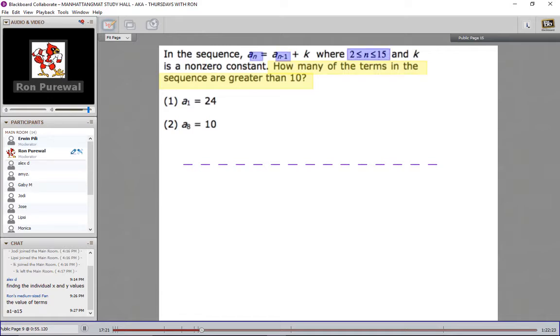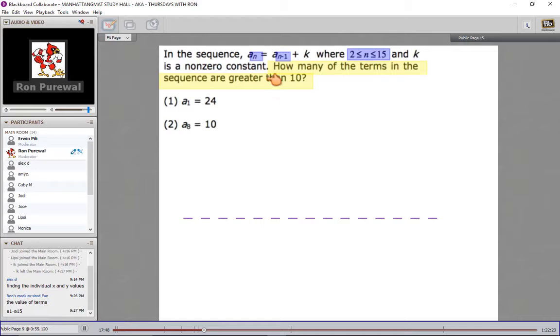Because look at what you have here. It says n is from 2 to 15, but that means you have to have all the terms that work for all of those n's, right? So the smallest n is 2, minus 1, right? If you write that statement out for the first few n's, let me scroll down a little bit.